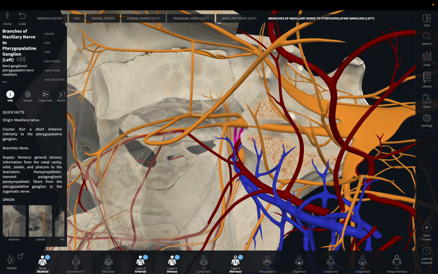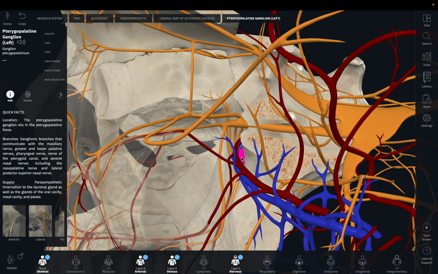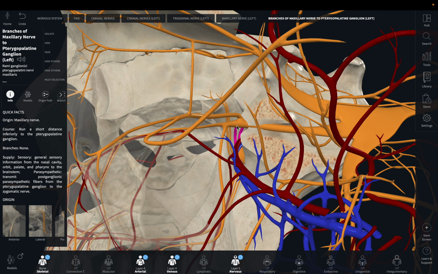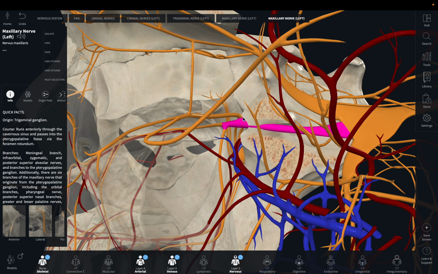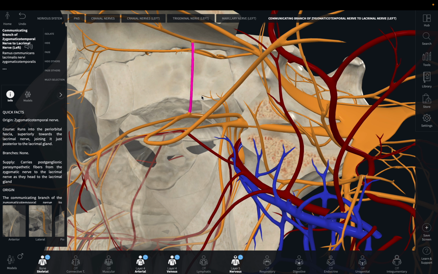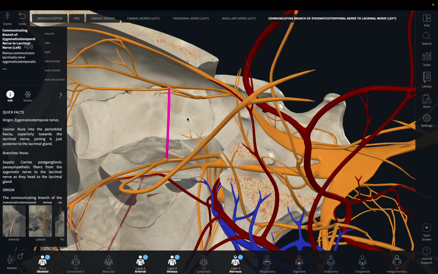So the lacrimal gland, if you remember, receives secretomotor innervation from the greater petrosal. The greater petrosal then synapses on the pterygopalatine ganglion. It runs up the maxillary, the branches of maxillary nerve to pterygopalatine ganglion, runs across here. So this is the maxillary nerve. This is the zygomatic nerve. So it runs up here, zygomatic, and then goes through this branch, the communicating branch of zygomatic or temporal nerve, to the lacrimal nerve.